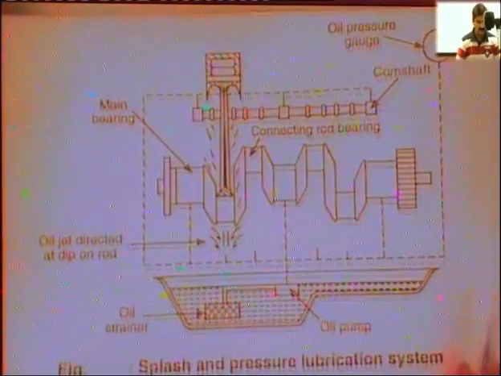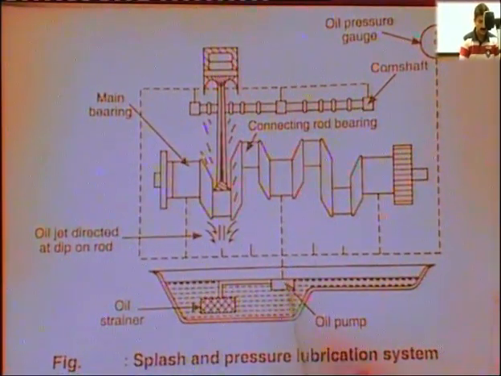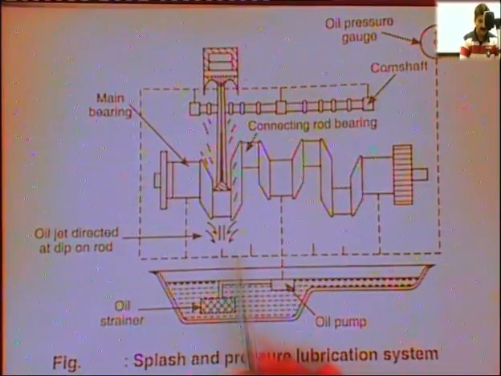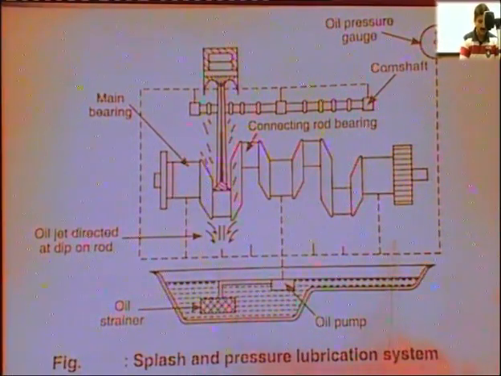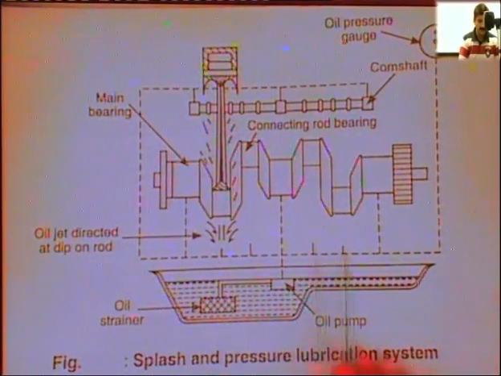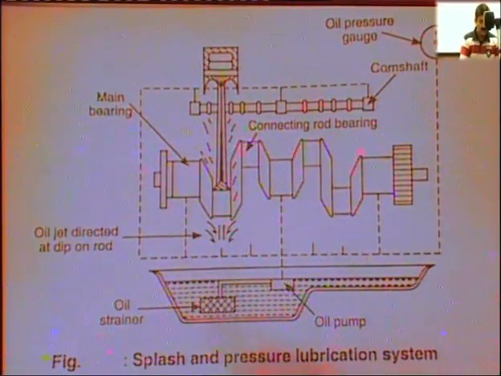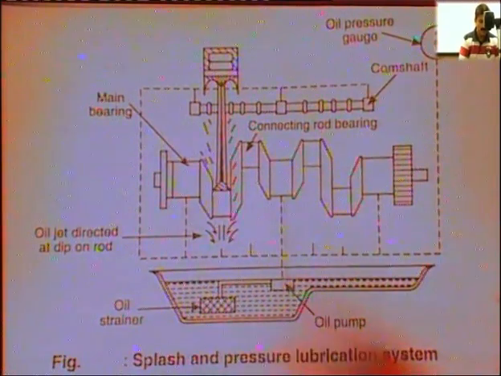The second type of lubrication system was the combination of splash and pressure. Here again, for providing splash there are no oil troughs, but nozzles are provided here, 1, 2, 3 and 4, and also the galleries are provided up to the point of lubrication.